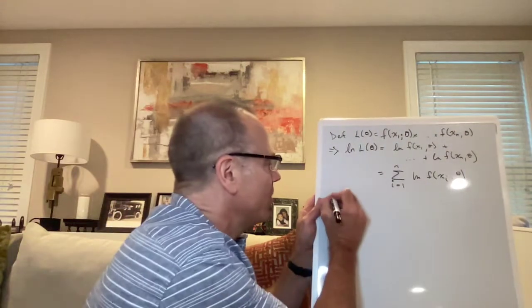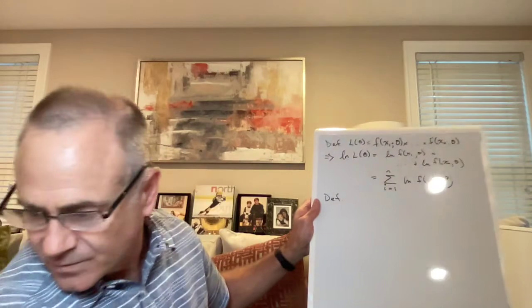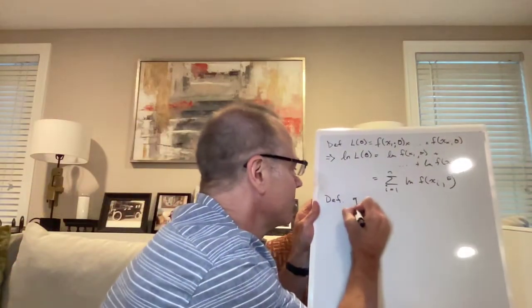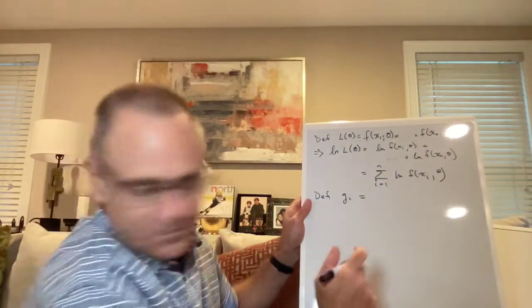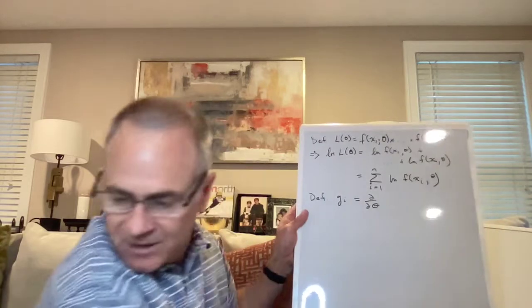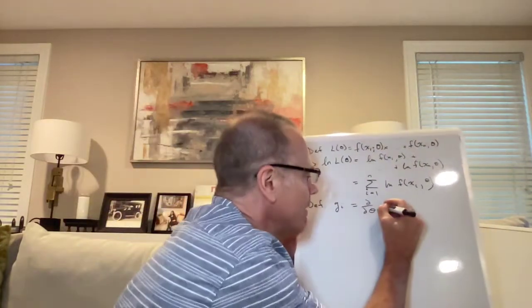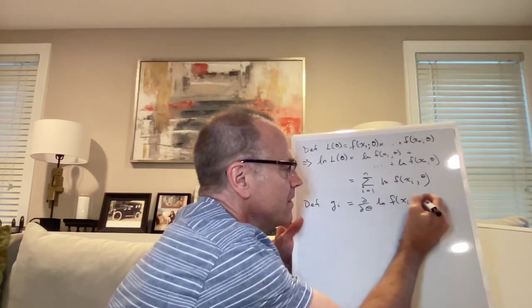So next, we're going to define g sub i equals the partial derivative with respect to theta of log f of xi theta.